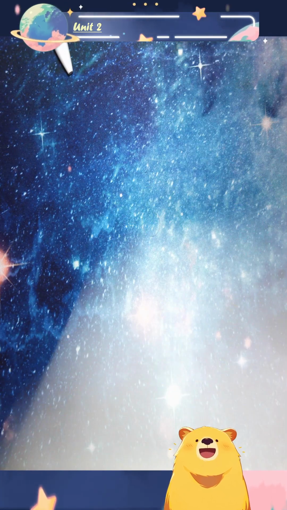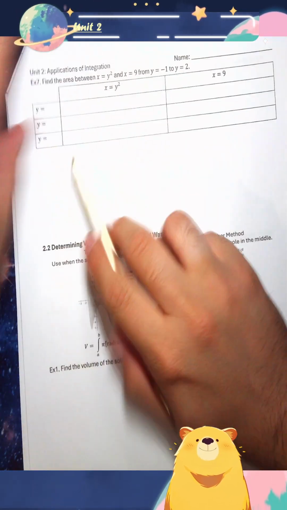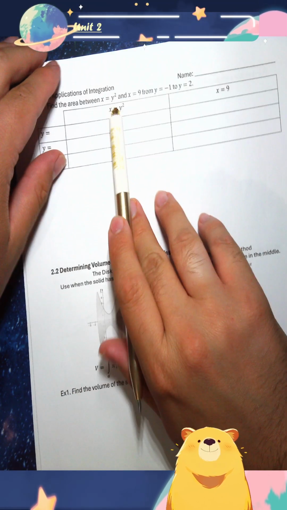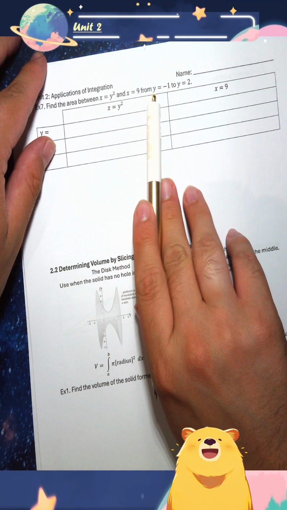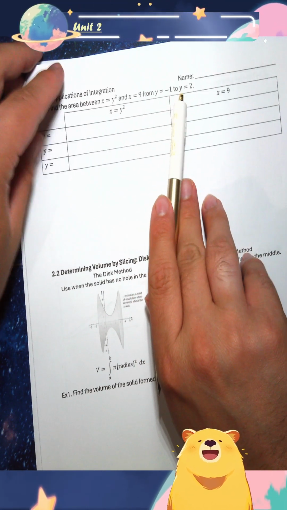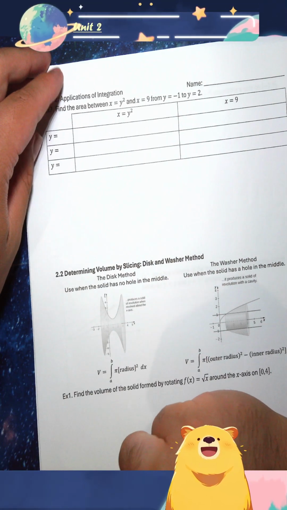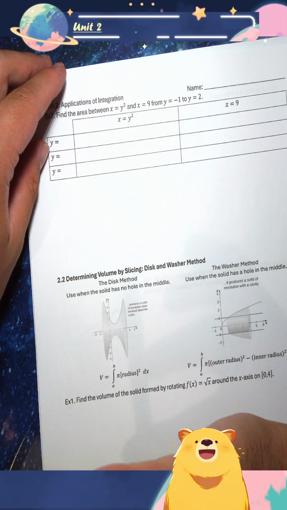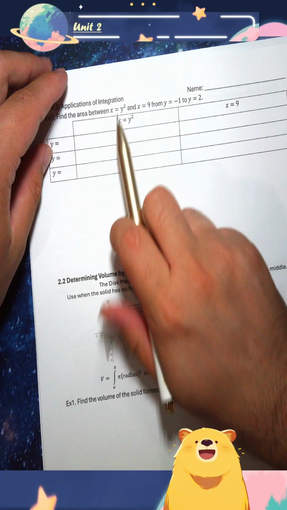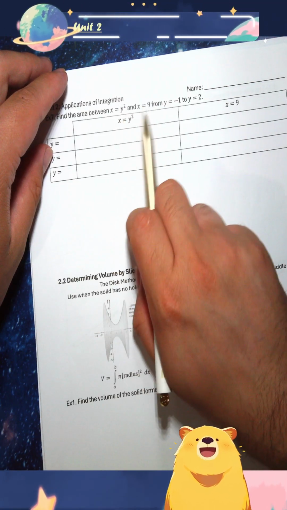All right, one more time. We have: find the area between x is equal to y squared and x is equal to 9, from y is -1 to y is 2. Okay, so from here, we have to ask ourselves, when do these guys intersect?